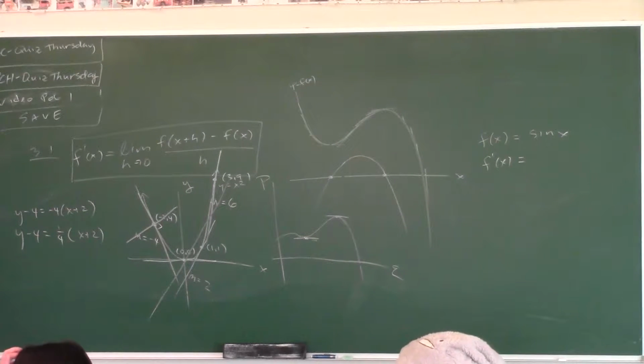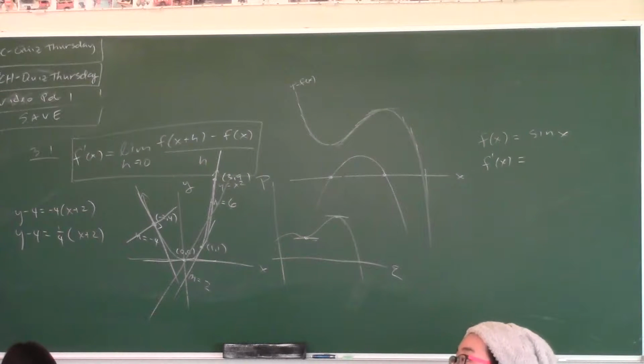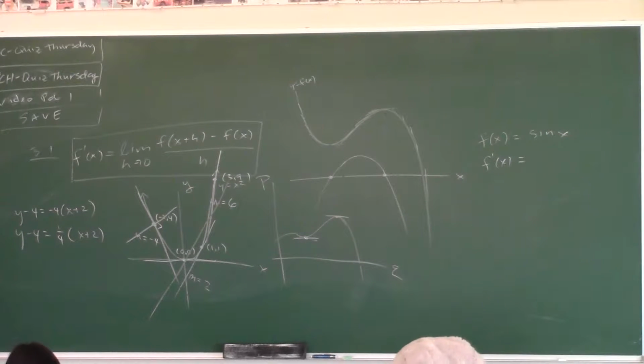Then you see d over dx, the symbol for the derivative. Select d over dx. You're telling your calculator to graph the derivative of what? Sine x. Sine x, right arrow, and then what goes in the second box?